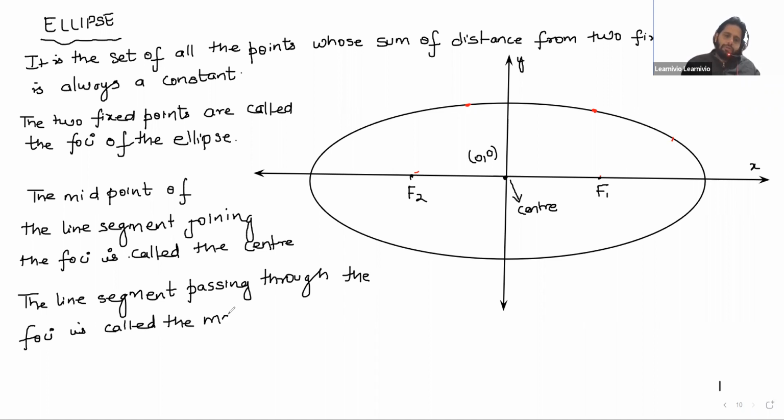Okay, so this is the major axis. What's the major axis? The line segment which passes through these two foci. So this is the major axis.